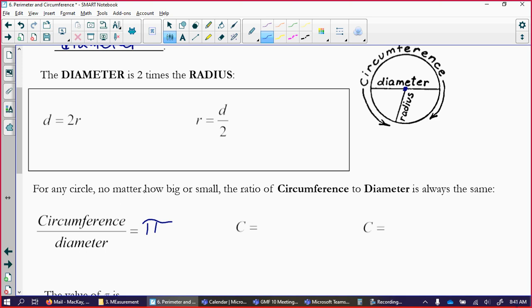So if I rearrange this formula, if I move the diameter up, the circumference is pi times the diameter. But then I can put this up here. Most of the time you're going to see this written as 2 pi times the radius.